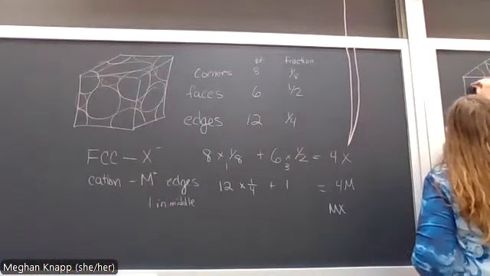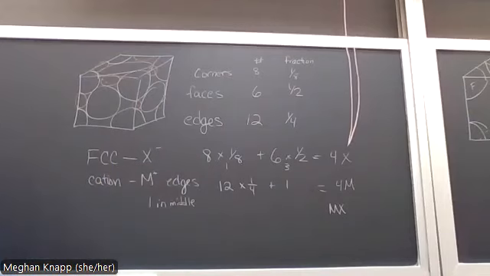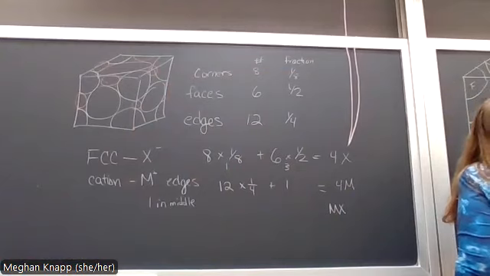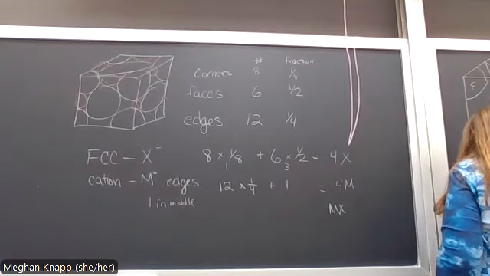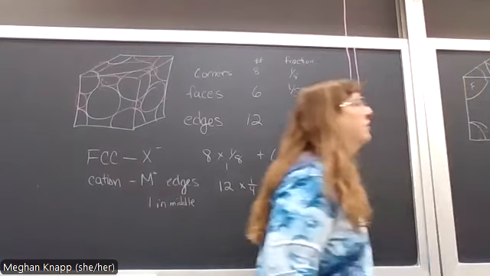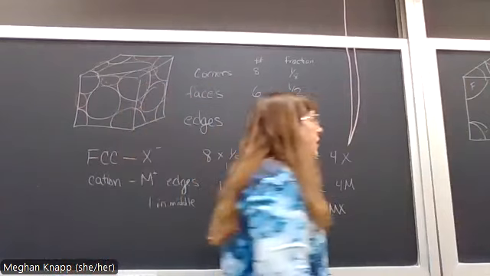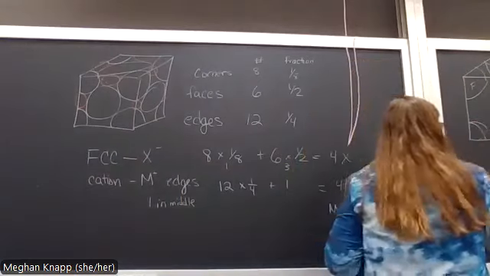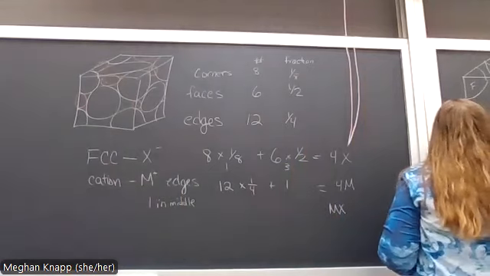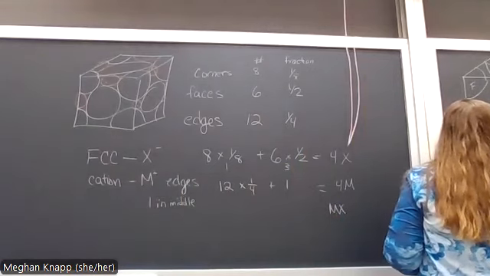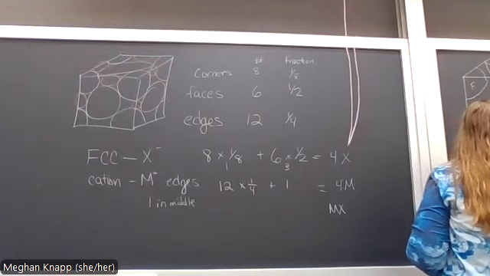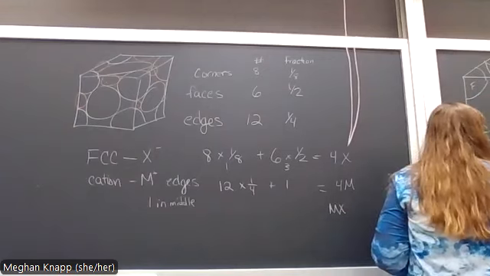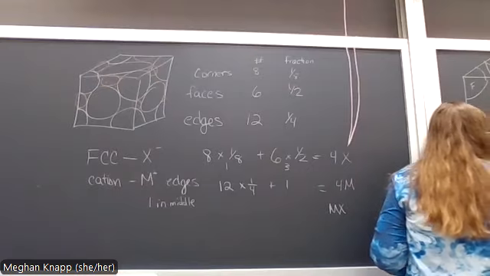We'll call that Y. And then in the middle, we have sitting in the center one cesium. How many cesiums are in this structure? One. That's easy. Fluorine, we have 8 corners times 1/8 equals 1 fluorine. So the formula should be cesium fluoride.